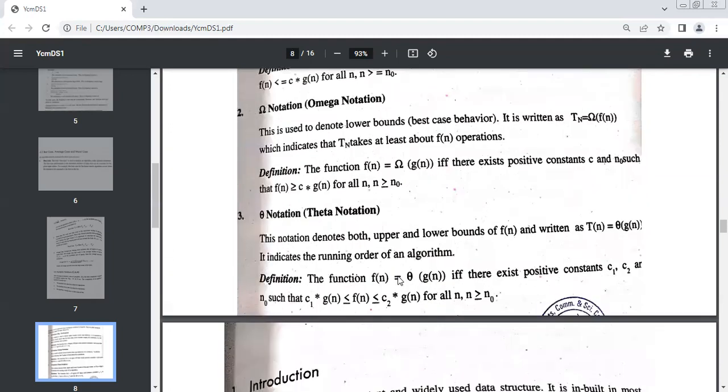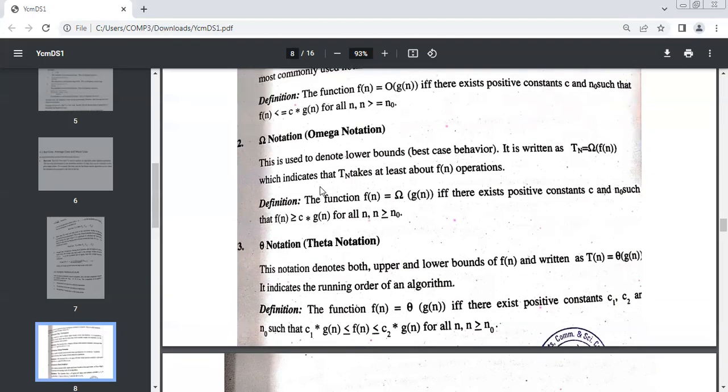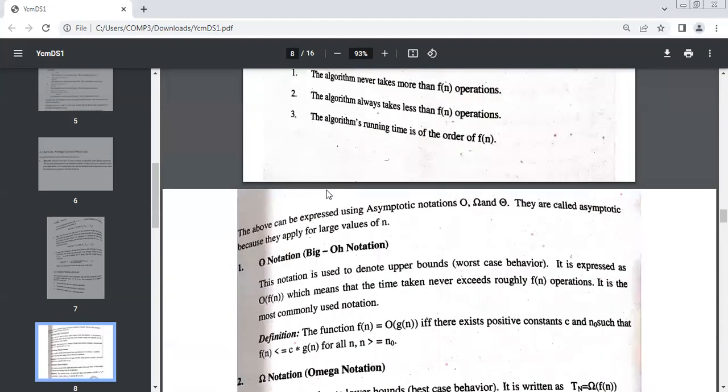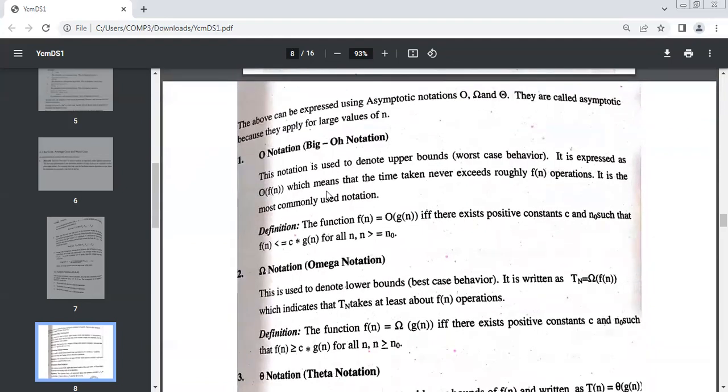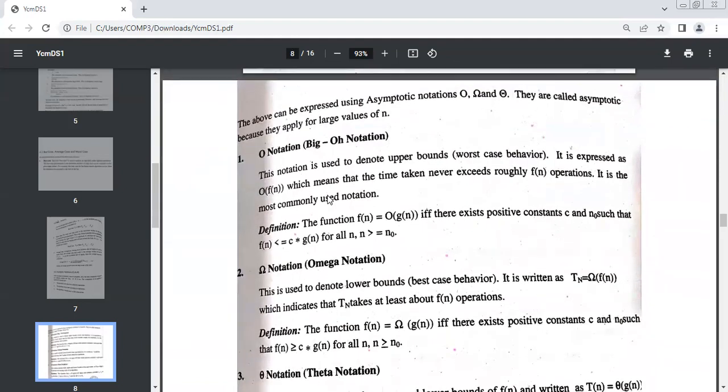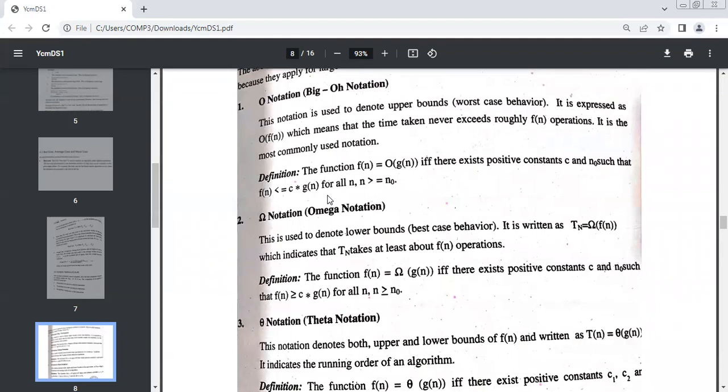And the theta notation denotes both, meaning the average case, the upper and lower bounds of a function, and is written as T(n) = Θ(g(n)). So these are the asymptotic notations used to indicate the worst case, best case, and the upper and lower bounds of the frequency count.